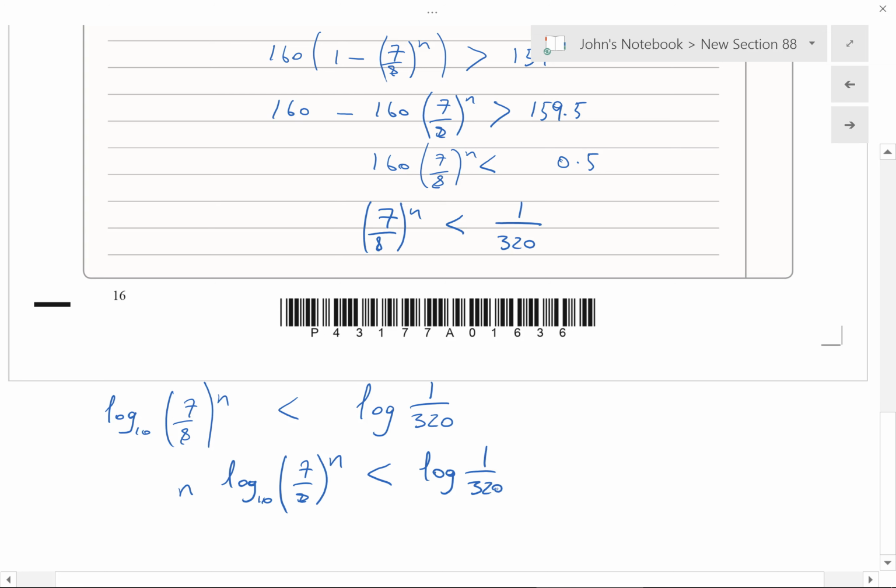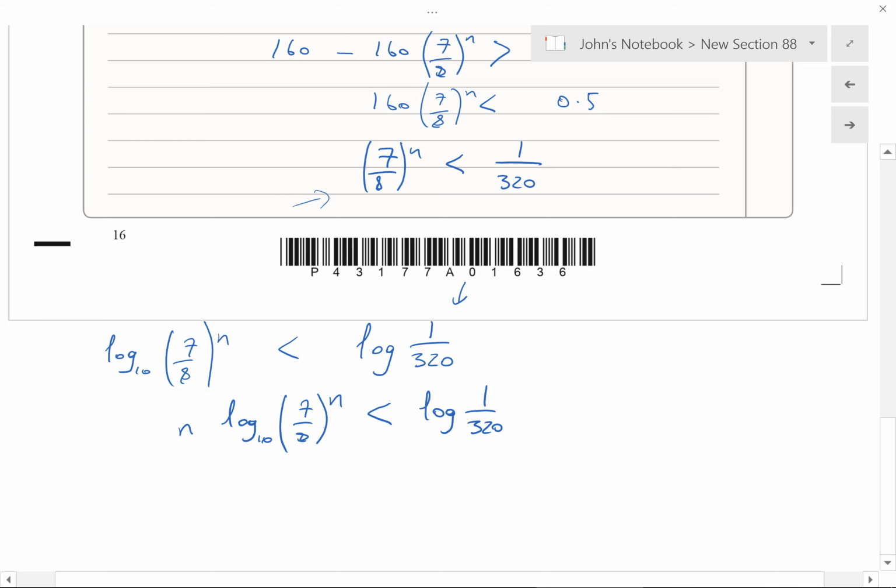You may be slightly concerned by my inequalities at this point. To be honest, I think it's relatively generous if you write equals, so long as we get the correct number here. But when I divide through by log of 7 over 8, I'm dividing by a negative, so strictly speaking the direction of the inequality has to go the other way around.